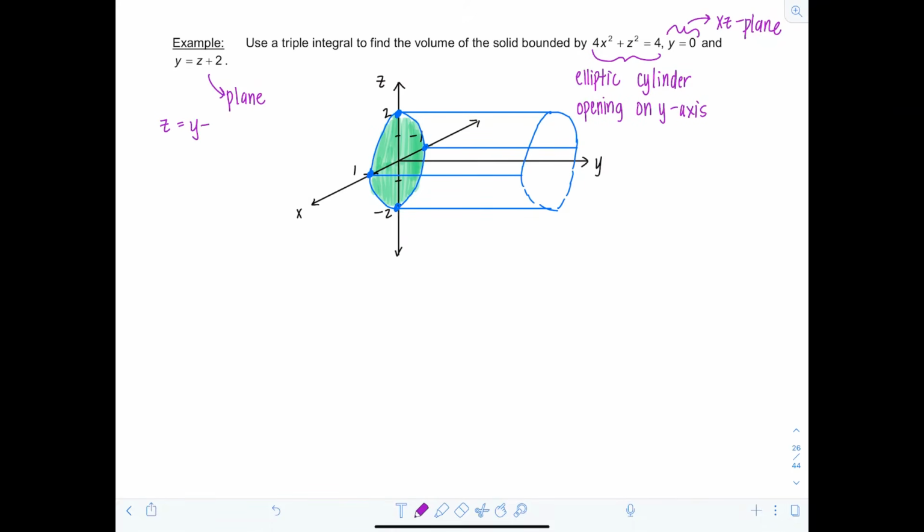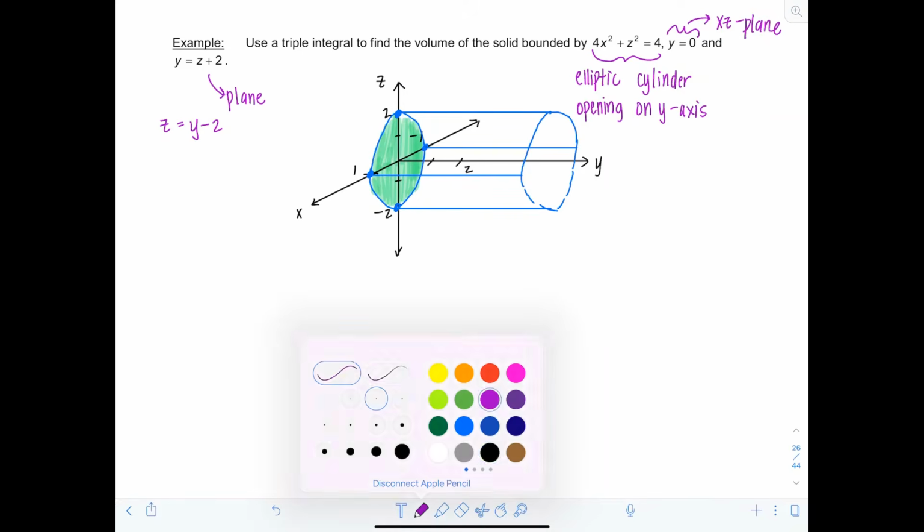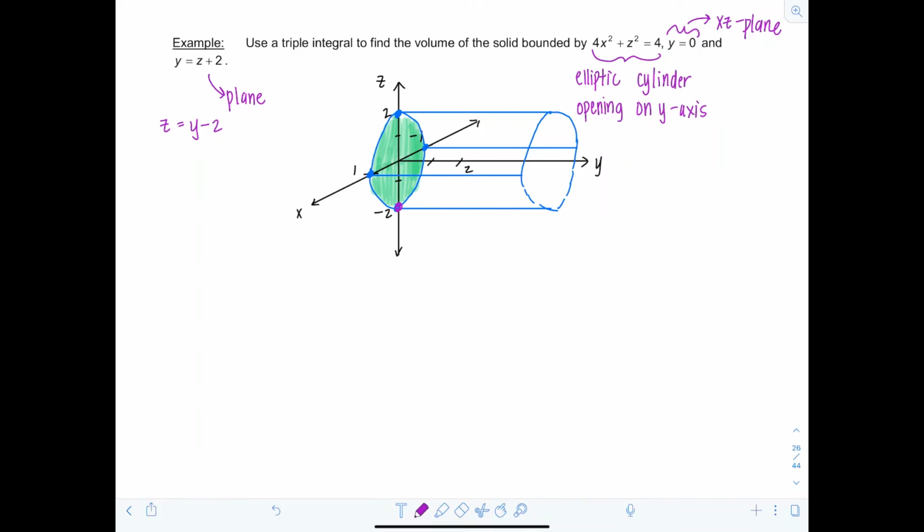So z equals y minus 2, right? So I could draw that line and then just project it parallel to the x-axis. And I know that the intercept on the z-axis is going to be at -2. On the y-axis, it's going to be at +2. And so it's going to cut through the elliptic cylinder.